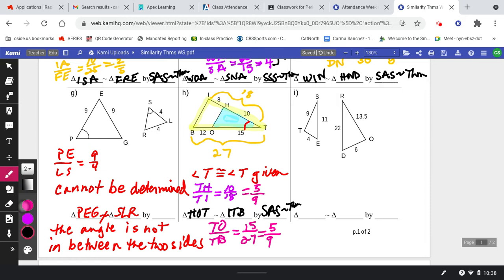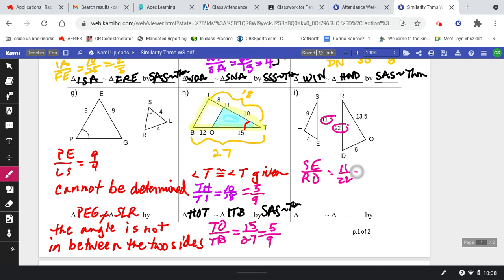All right, next we're looking at two triangles that are separated from each other, but we have 3 sides given. So let's see if the corresponding ratios work. So SE compared to RD would be an 11/22 ratio. Let's do ST over RO is a 9/13.5 ratio.